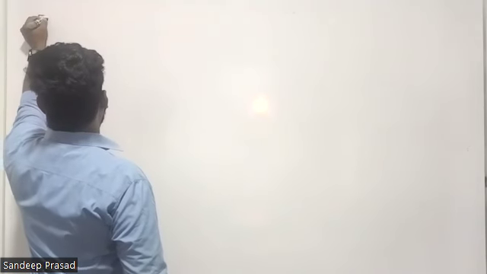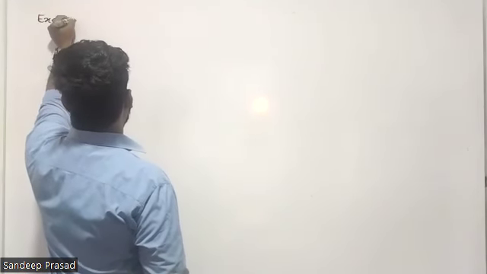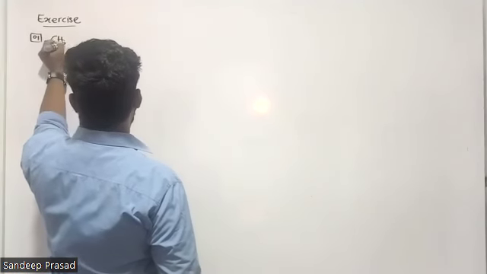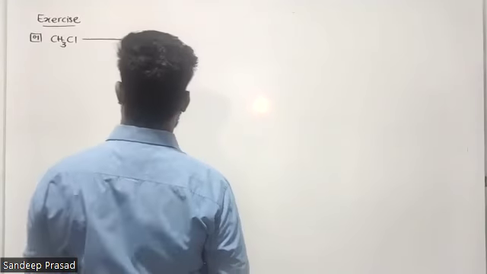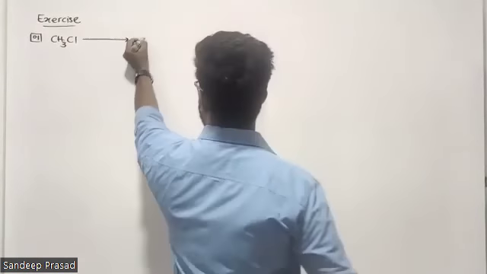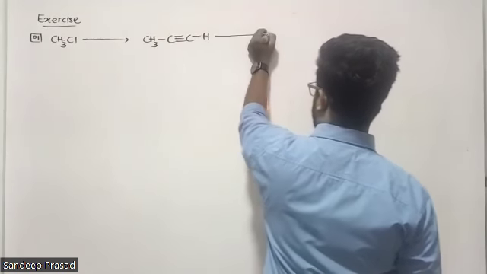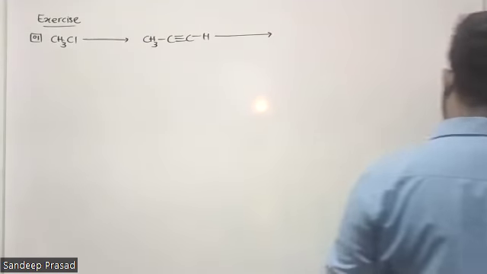Right. Then quickly start this one with me. Number 1. Methyl chloride. Can you see that we have increased the number of carbon atoms?